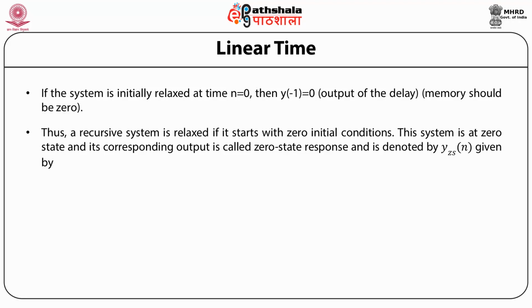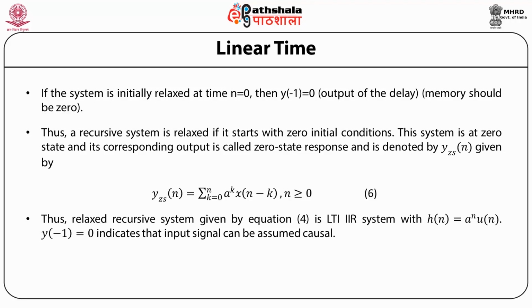This system is at zero state and its corresponding output is called the zero state response, denoted by y_zs(n), which is given by y_zs(n) equal to summation k equal to 0 to n of a to the power k x(n minus k), where n is greater than or equal to 0.